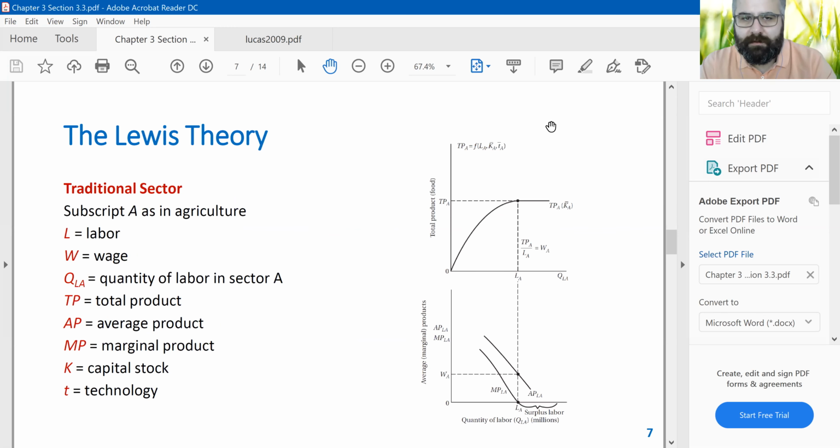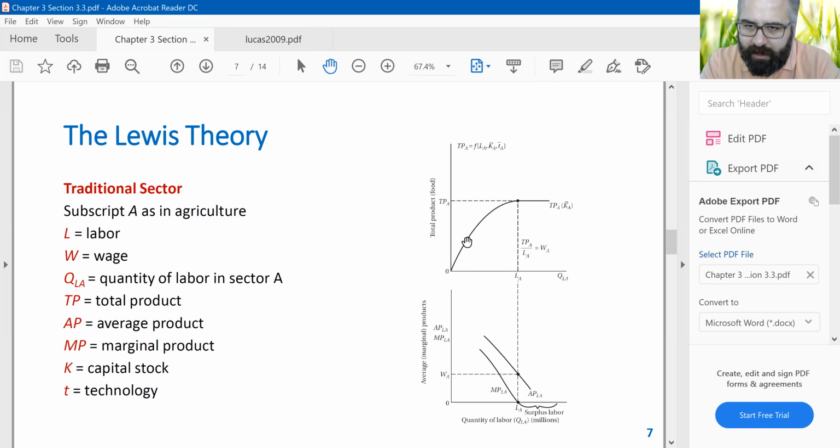So here are the details. In that graph, you see, of course, two panels. The horizontal axes are the same. On the horizontal axis, you see quantity of labor in agriculture, QLA, quantity of labor in sector A. Sector A here is agriculture. On the top panel, you see the production function.